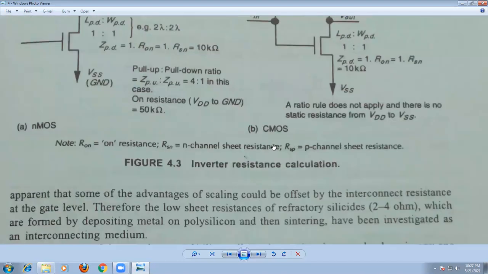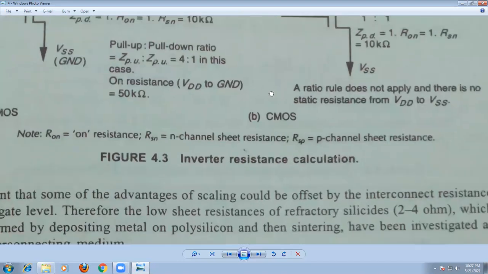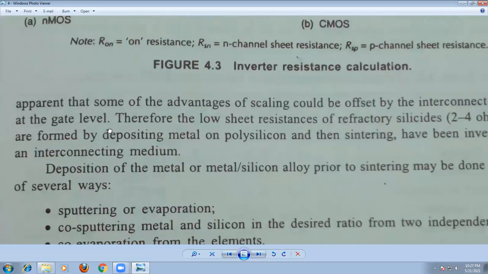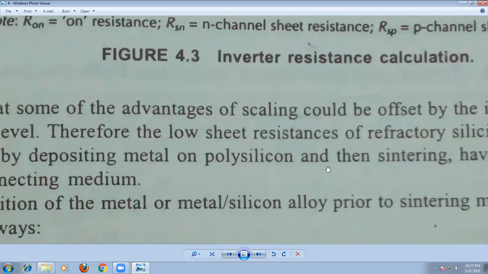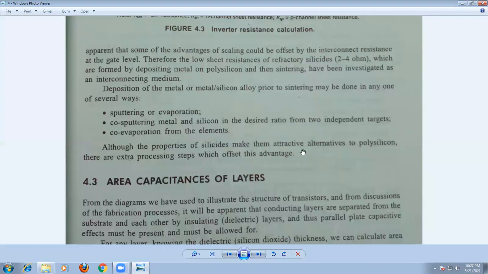Next, you can go for the silicide. To analyze the silicide is a simple topic. Silicide is basically the replacement of the polysilicon.